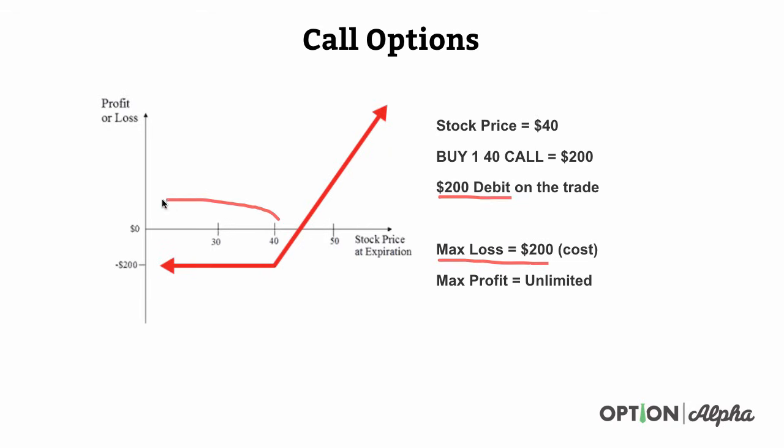It doesn't matter where the stock price is, anywhere below 40, you can only lose $200 because you don't have to buy the actual shares. You're not obligated to buy those shares. Your max profit potential is theoretically unlimited in this case, and your break-even point is $42.